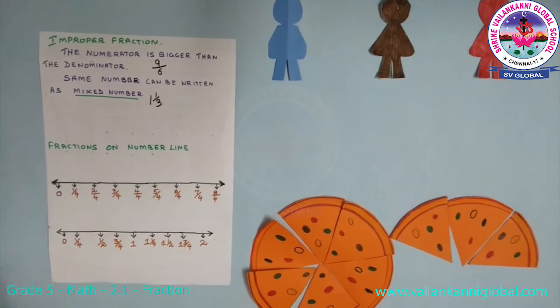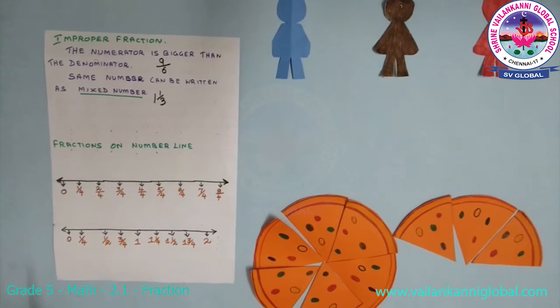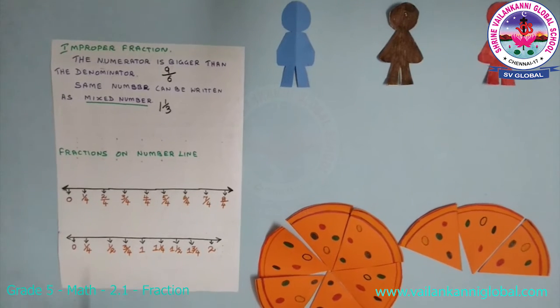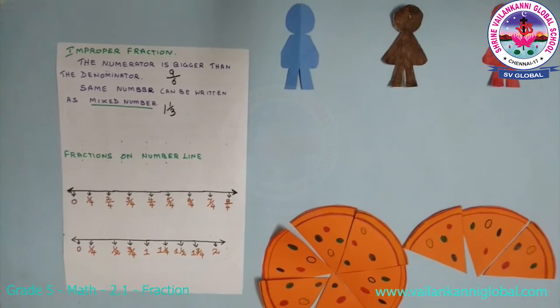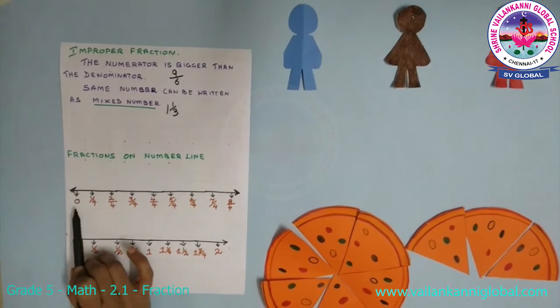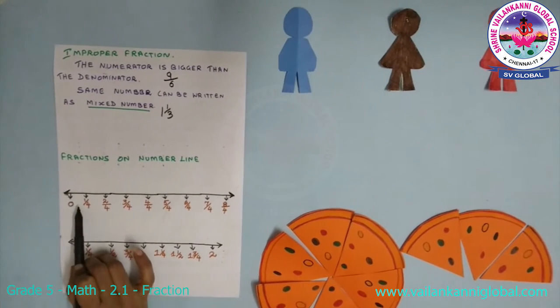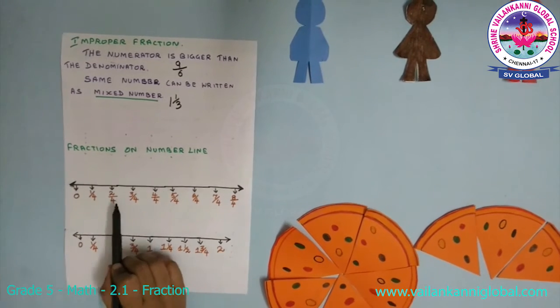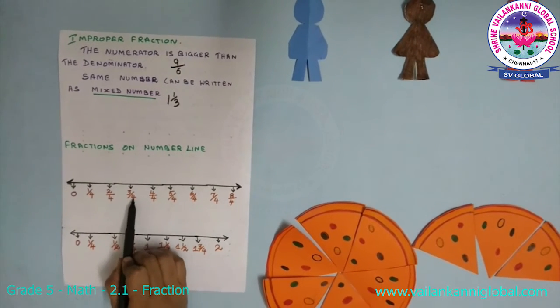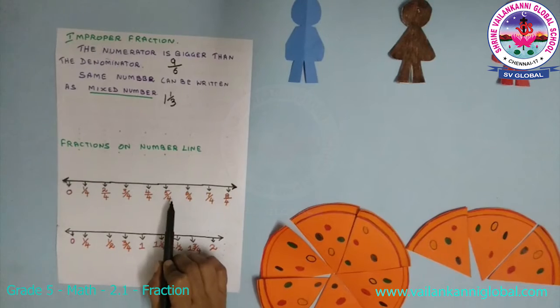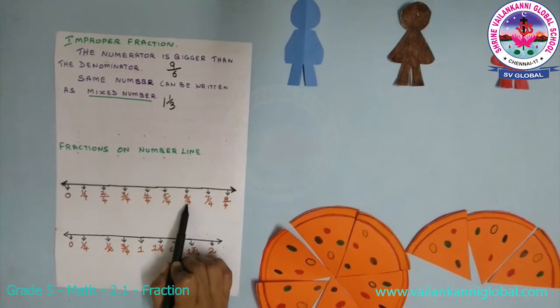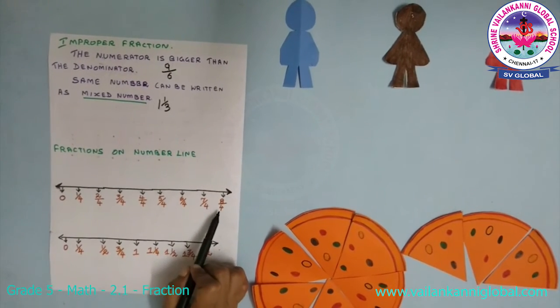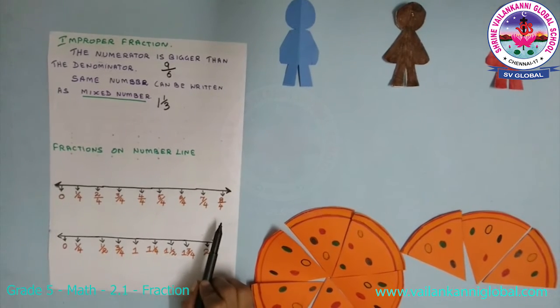Then fractions on the number line. How will you represent the fractions on a number line? First you should begin with 0. Then 1 by 4, 2 by 4, 3 by 4, 4 by 4, 5 by 4, 6 by 4, 7 by 4 and 8 by 4, like this it will go on.